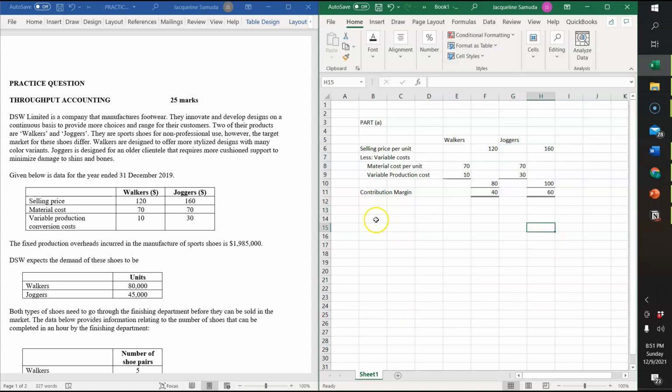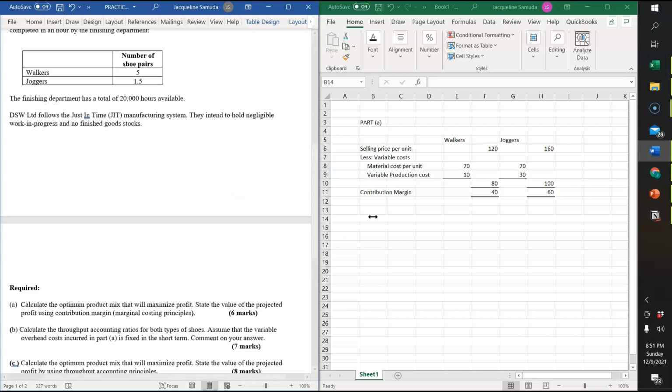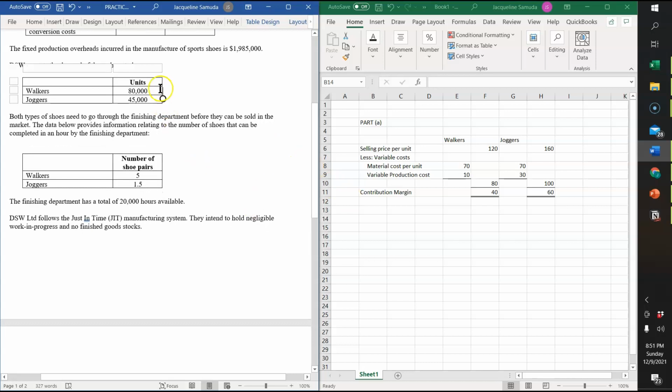All right. Now the next thing is that the question asks us to calculate the optimum product mix. Remember I said to you that this column indicates the maximum that they can sell on each. But because the company cannot meet the full demand based on the limited amount of hours available in the finishing department, we have to find some way of identifying the more profitable product.